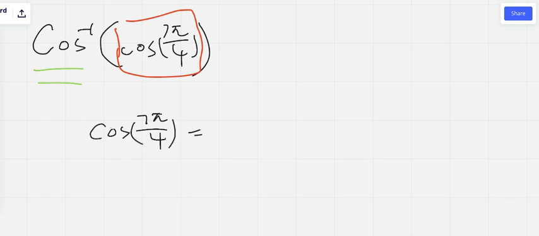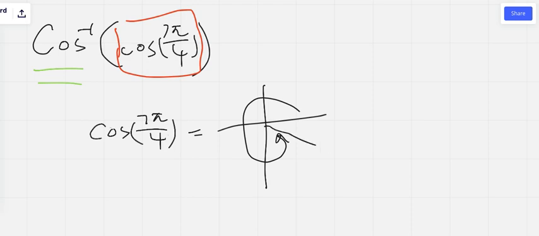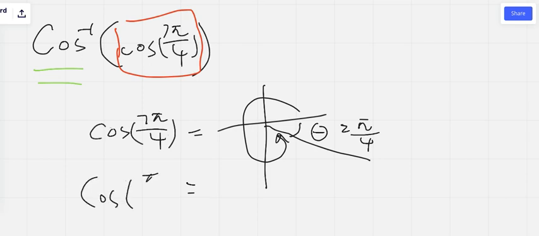The cosine 7 pi over 4, you will know that it is just on the verge after one circle, which is something like here, which will be just equal to pi over 4. Pi over 4, what does cosine pi over 4 equal to?